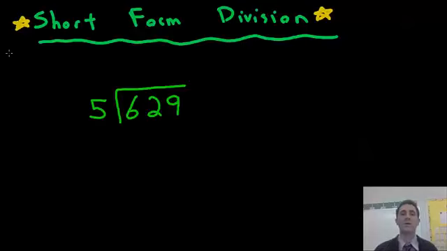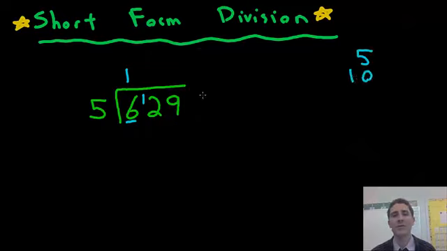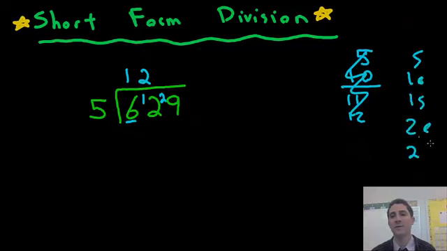Okay, short form division. Let's try this one out. 5 goes into 6 one time. And 5 is 1 away from 6, so that's 1 left over. 5 goes into 12 2 times, and 10 is 2 away from 12, so that's 2 left over. 5 goes into 29: 5, 10, 15, 20, 25, 5 times.